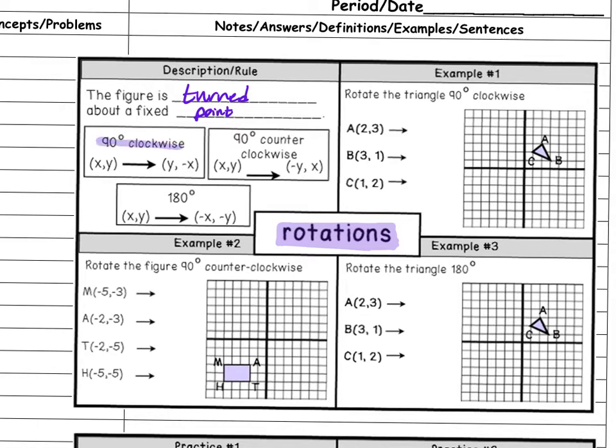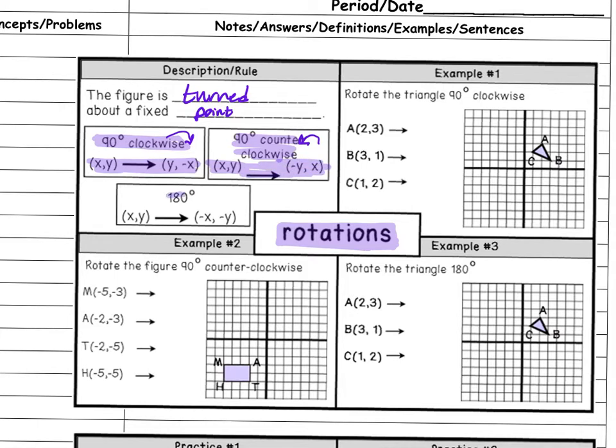So here, if I'm going to turn 90 degrees clockwise, and clockwise is turning this way, my rule would be (x, y) goes to (y, -x). Okay? And if I'm going to turn 90 degrees counterclockwise, and counterclockwise is this way, my rule becomes (x, y) goes to (-y, x).